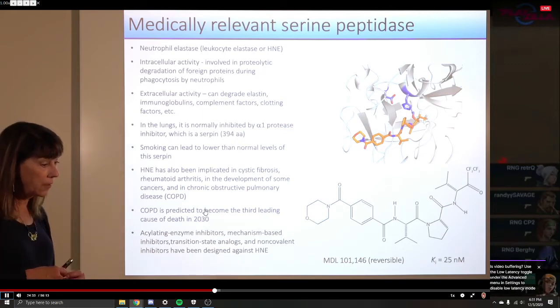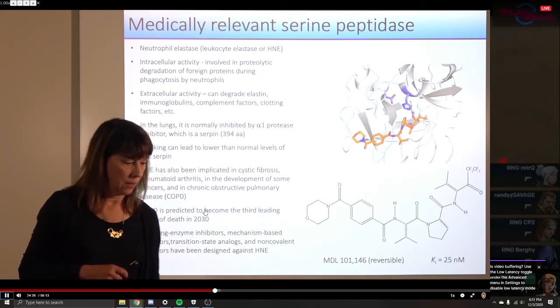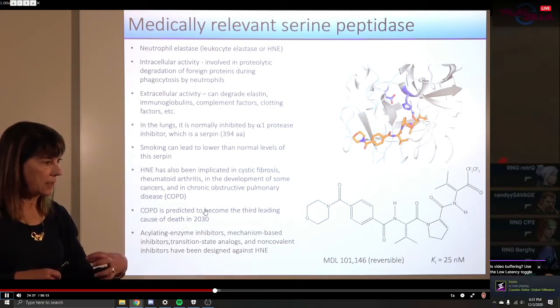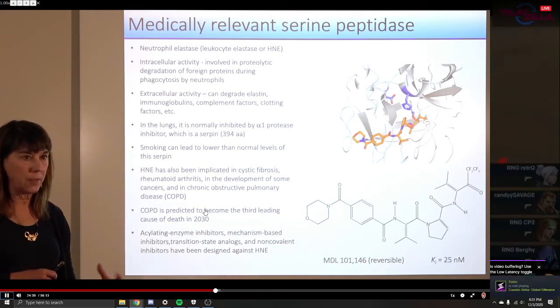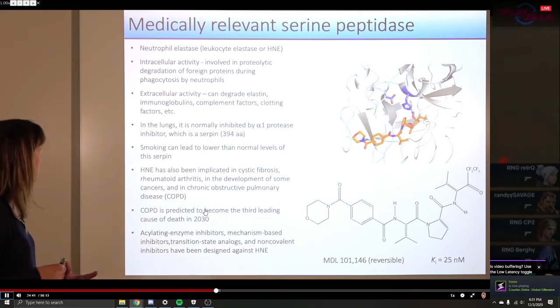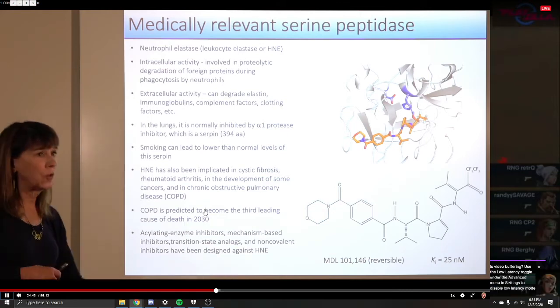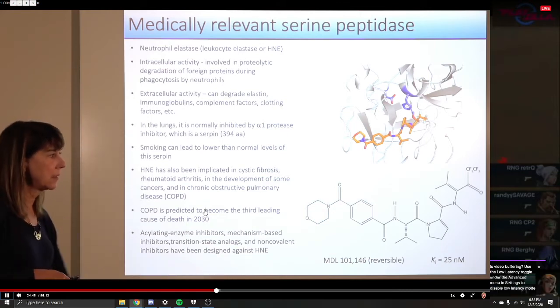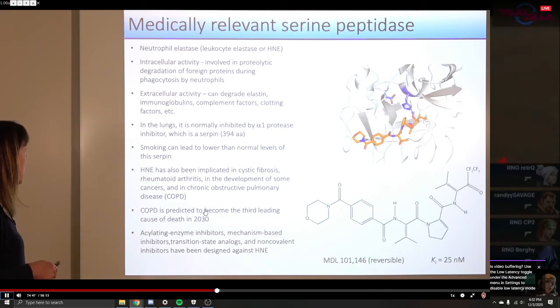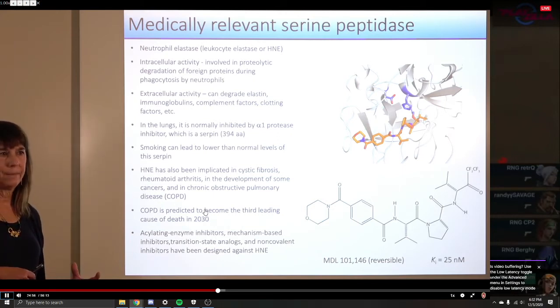And what are neutrophils? They're types of white blood cells. So they take in something, and then this serine peptidase breaks it down, foreign objects. But they also have extracellular activity, so they can be secreted out. And their extracellular activities include degradation of elastin, immunoglobulins, clotting factors, all those kinds of things.